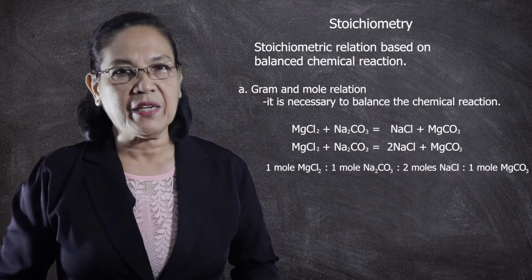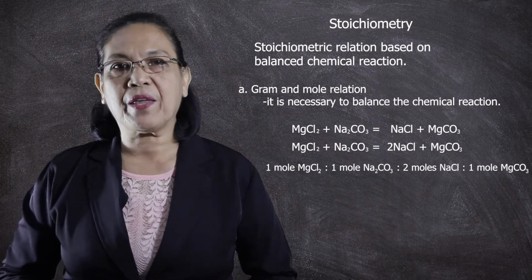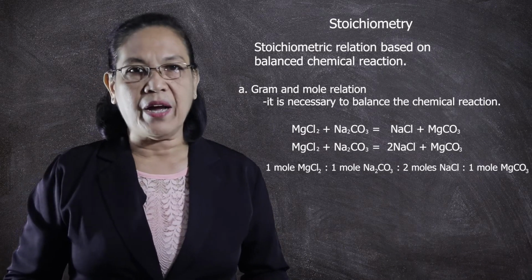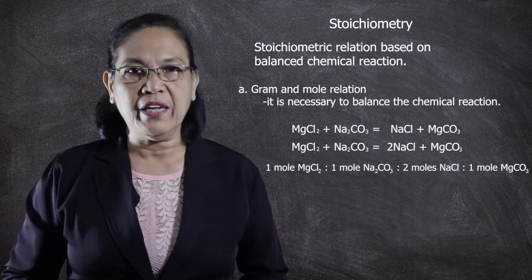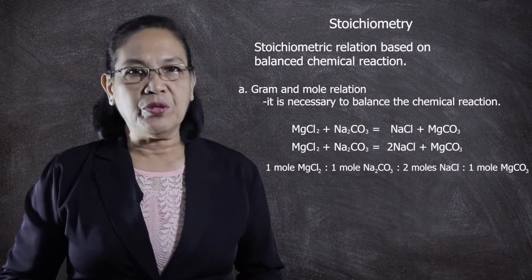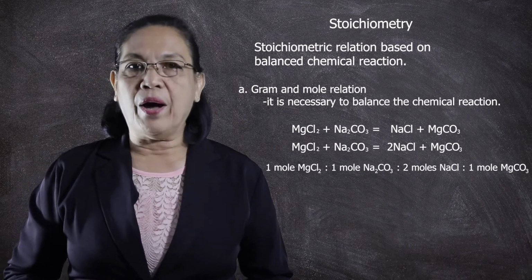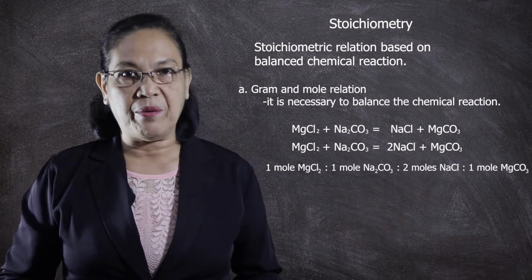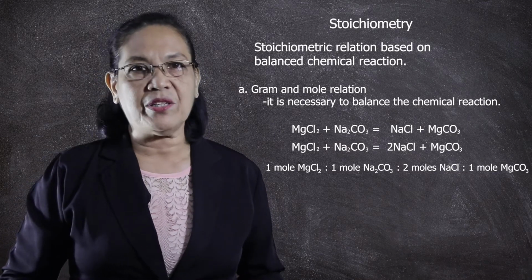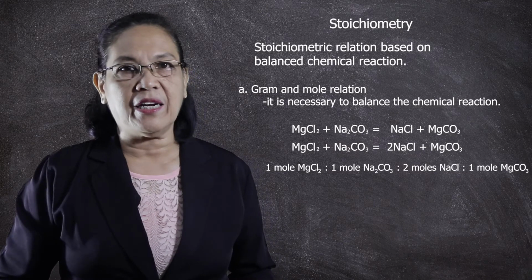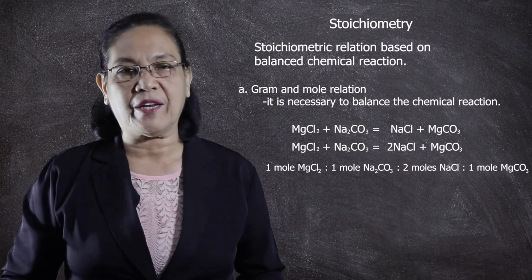Therefore, in this particular reaction, the mole relations are 1 mole of magnesium chloride is to 1 mole of sodium carbonate is to 2 moles of sodium chloride is to 1 mole of magnesium carbonate. So that is the mole relation we can establish in this particular reaction.